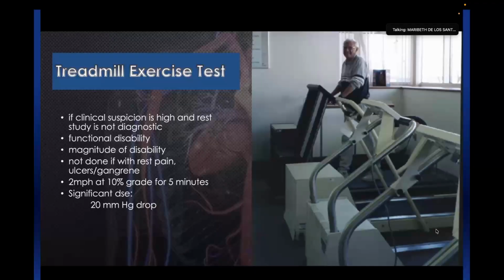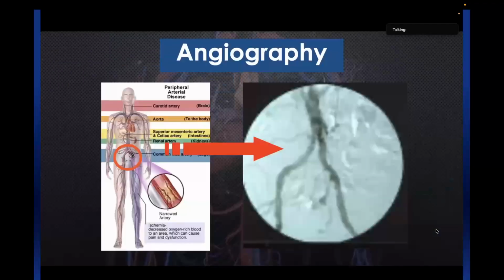No? And in the diagnosis of PAD, angiogram is still considered the gold standard. No? Not the ABI, not the treadmill, not the segmental pressure, not even the arterial duplex scan.